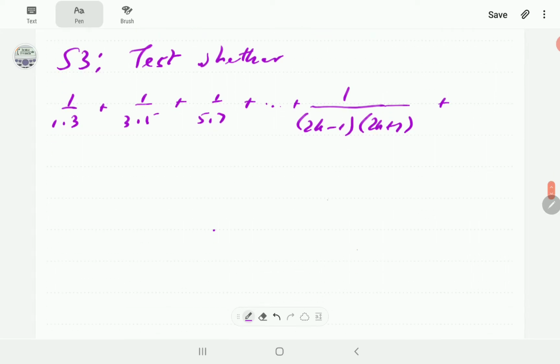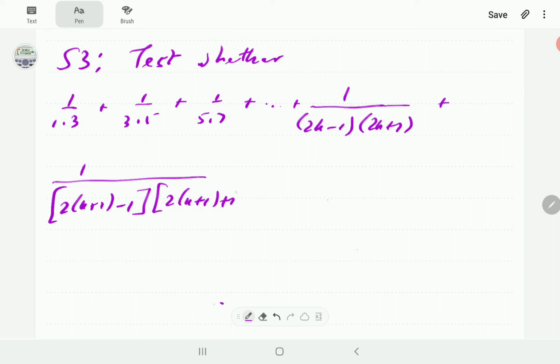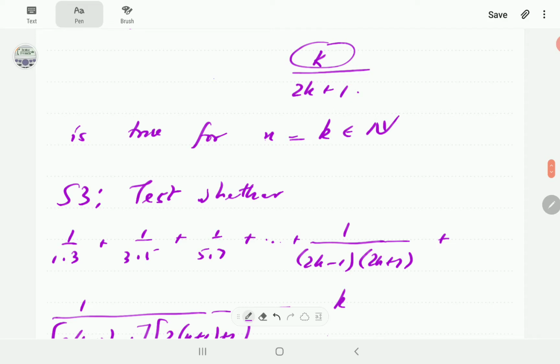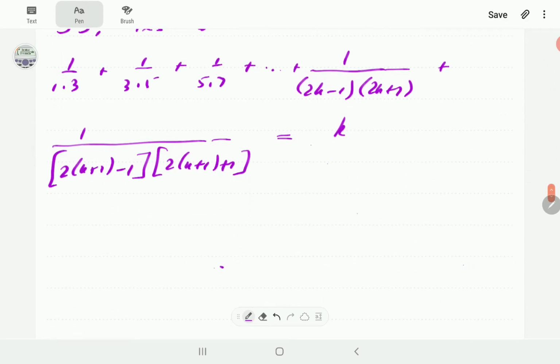Then for the next term, we are going to plug in k plus 1 in the place of every k. So we're going to have 2 into (k plus 1) minus 1, 2 into (k plus 1) plus 1. And then I do the same thing on the right hand side. So the numerator was k, it becomes k plus 1. The denominator, 2 into (k plus 1) plus 1.